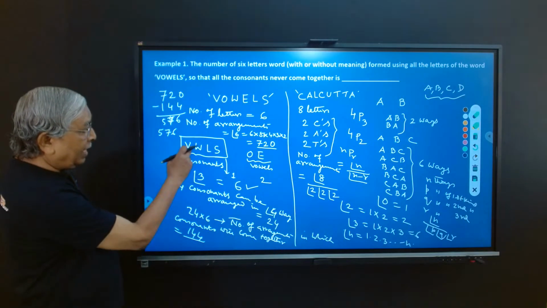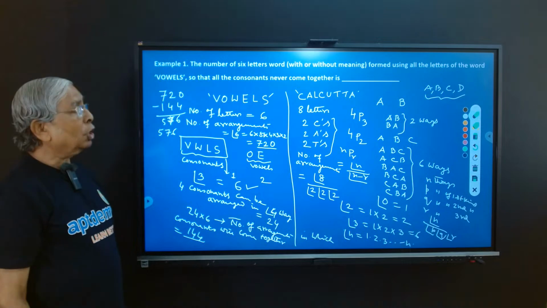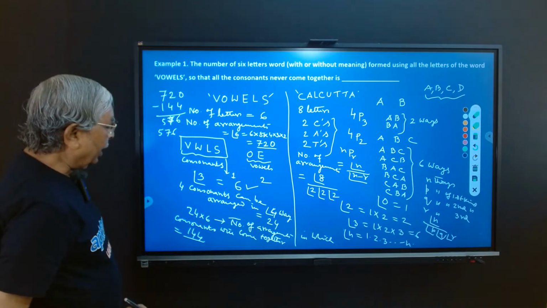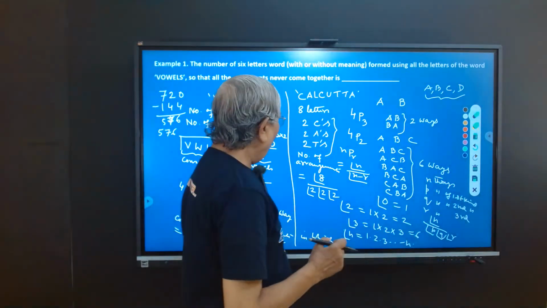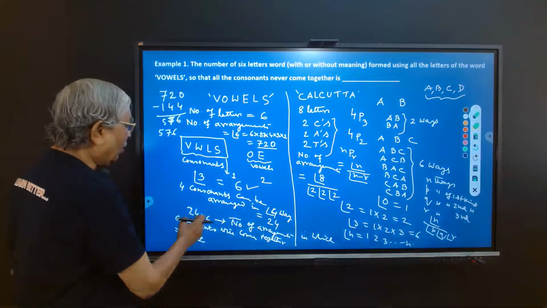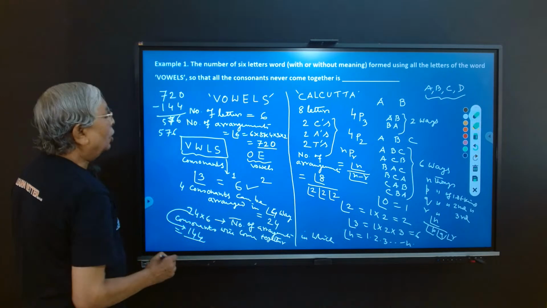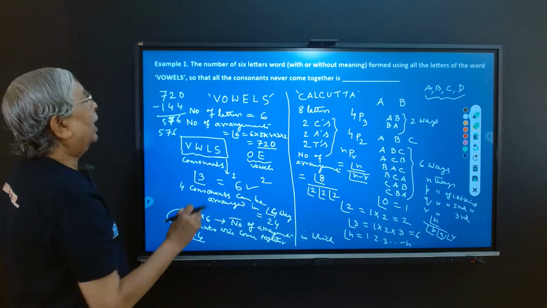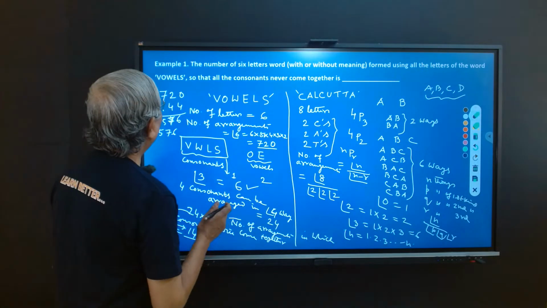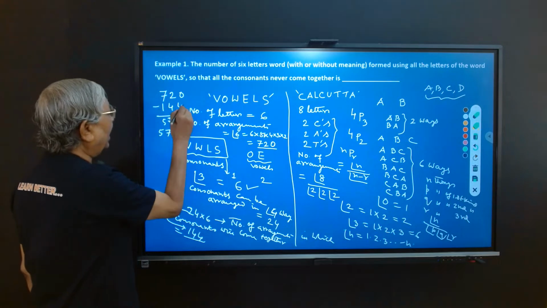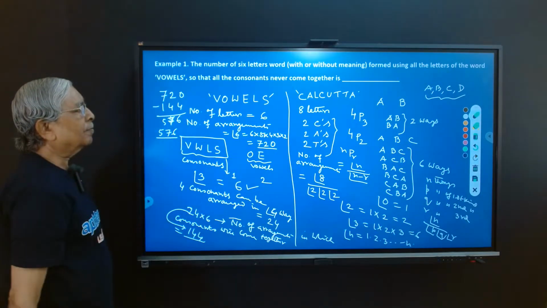The consonants can be arranged in factorial 4, that is 24 ways. So the number of arrangements in which the consonants come together is 24 into 6, that is 144. So the number of arrangements where the consonants will never come together is 720 minus 144, that is 576.